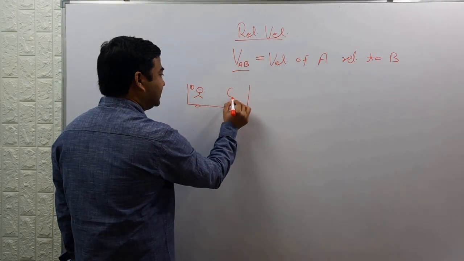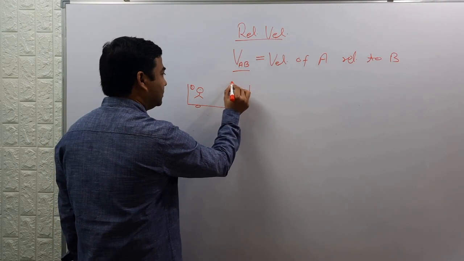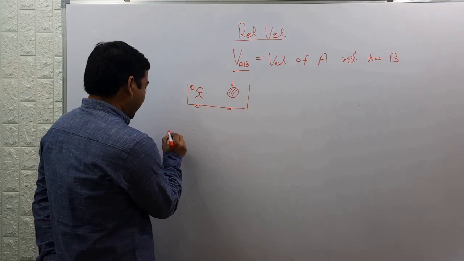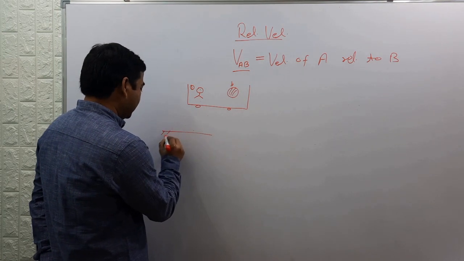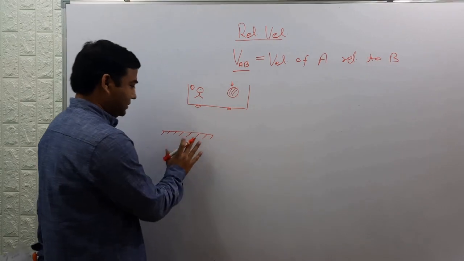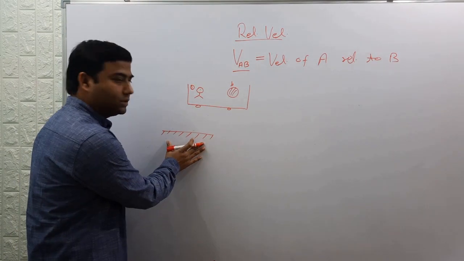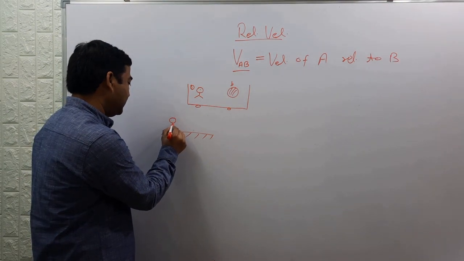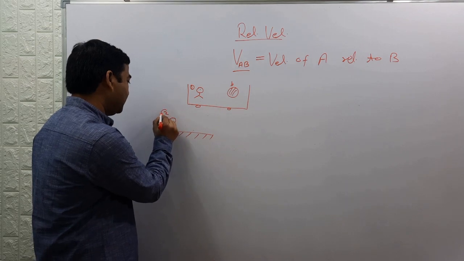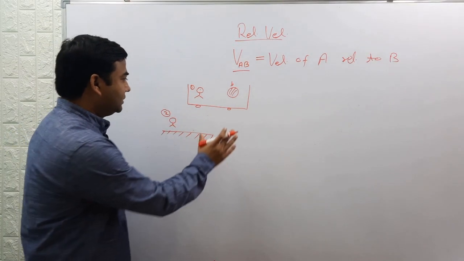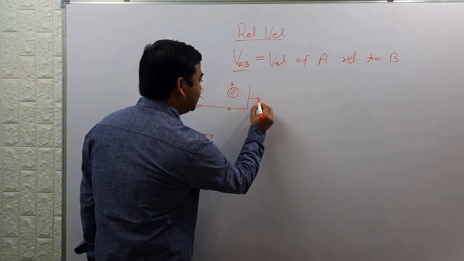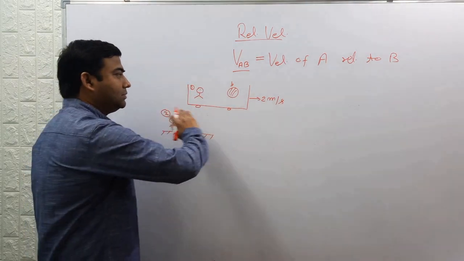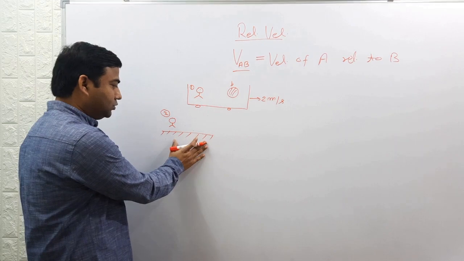And this cart has a ball, ball B. Ball is represented by B. And there is the ground, another frame, which is the earth, and another observer sitting on earth. Let this be observer 2. This cart is moving with velocity, let's say 2 meters per second, relative to the ground.